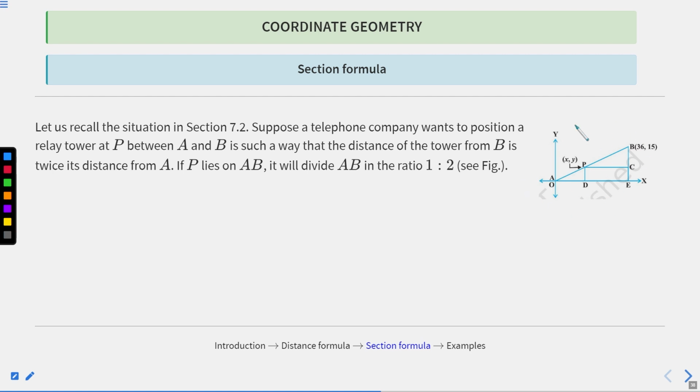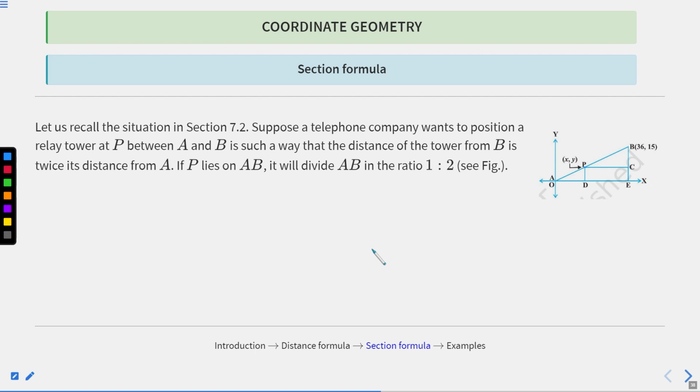So here you can see this figure. So here this point P lies on AB, and this point P divides the AB line segment in the ratio 1:2.